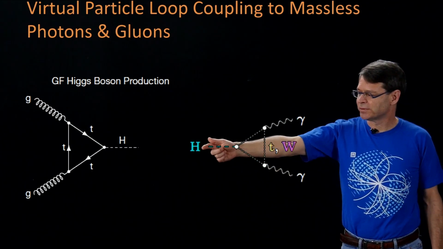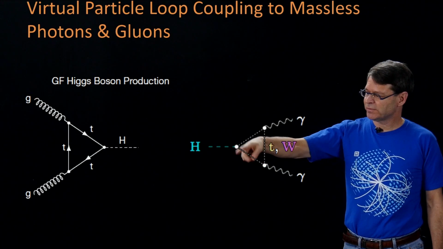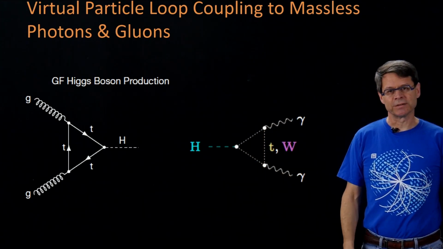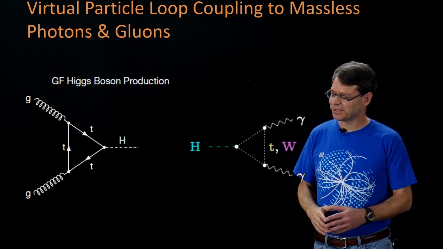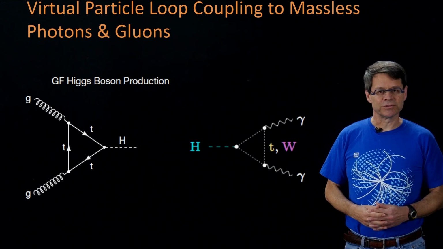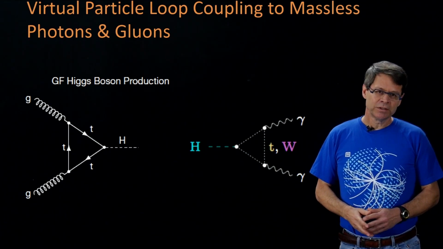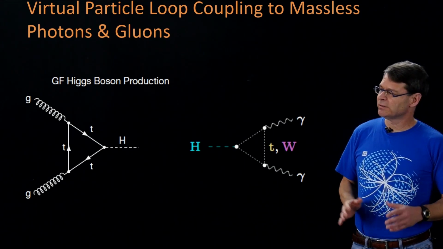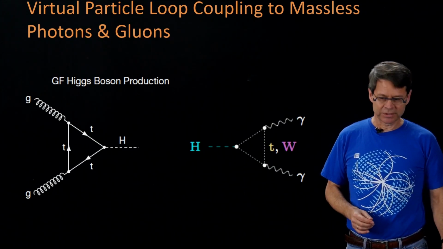And I can have the Higgs couple via these heavy particles in the loop to 2 photons. Okay. So yes, that was kind of a tricky thing there, but the Higgs will decay to massless particles as well. All right. Now let's switch a little bit to experimentally how we can observe the Higgs boson decay.